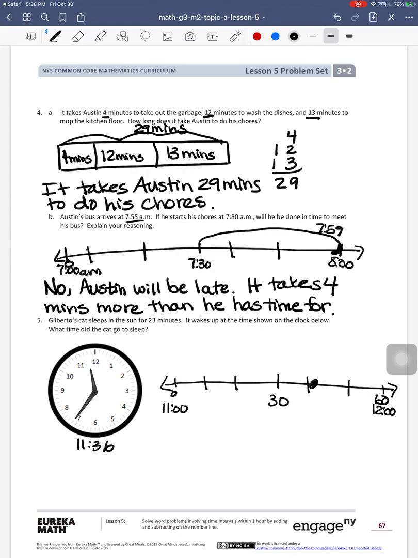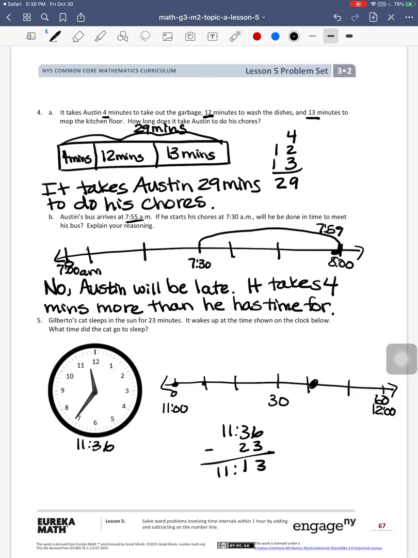Yep. So we need to do 23 minutes before then. So we could do 11:36 minus 23. 6 minus 3 is 3. 3 minus 2 is 1. So it went to sleep at 11:13. So let's find that on the line. So this would be 11.